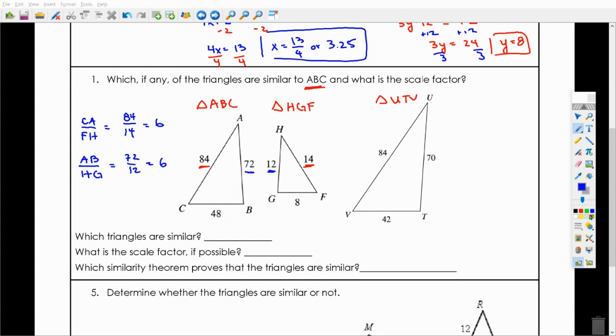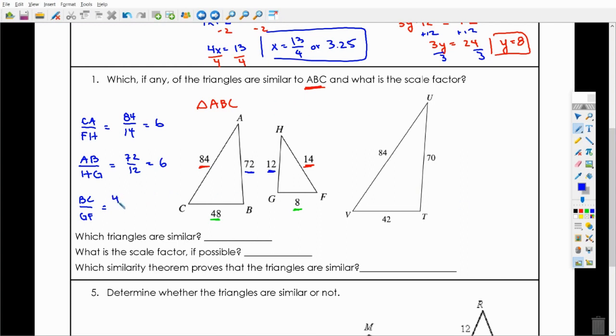Last one here. So 48 and 8. So BC and GF. So I think I messed up with the triangles there, so you can ignore that for now.